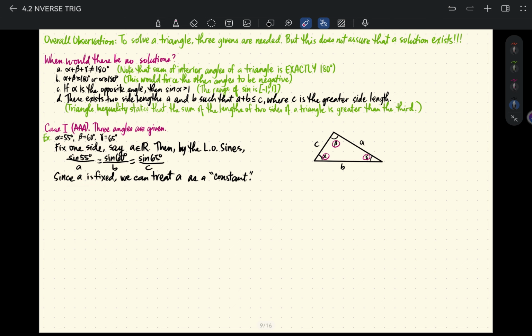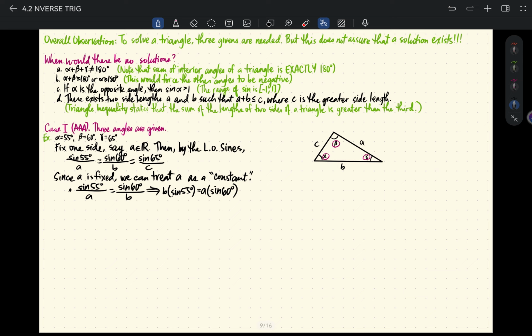Okay, so let's try and solve for B. Given that sine of 55 degrees over A equals sine of 60 degrees over B, we can do cross multiplication to get B times sine of 55 degrees equals A times sine of 60 degrees.